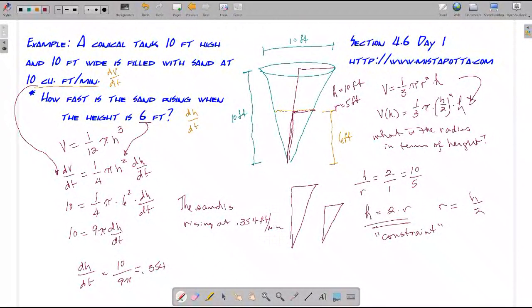So that actually answers the question: how fast is the sand rising? It's rising at about a third of a foot a minute, or about 4 inches per minute. That's how fast the sand is rising in this conical tank.